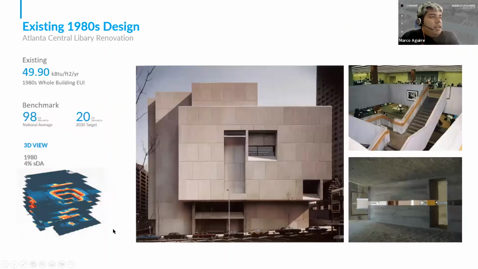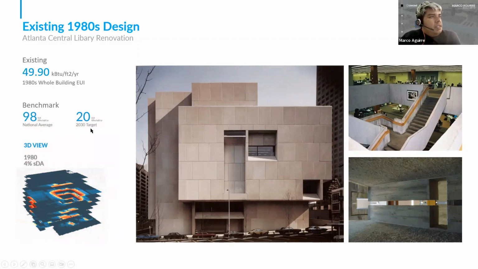Here's the baseline design. This is what the original building design was back in 1980, all the way up to 2020. So we had the existing building performing at a 49 EUI. That's how much energy it needs per square foot per year to operate. It's still more efficient than the national average, which for a library project was around 98 EUI.